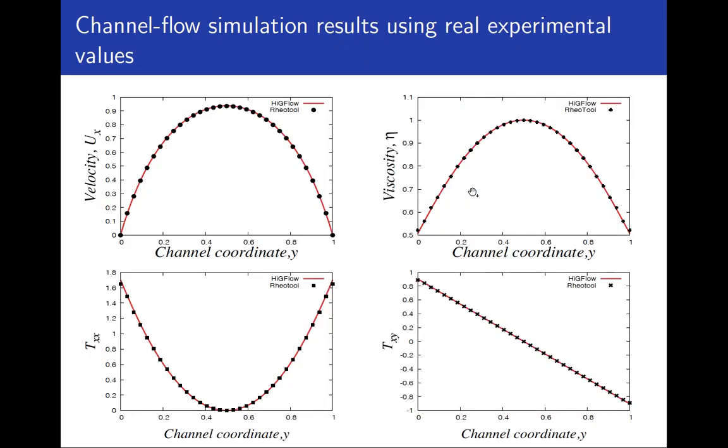As I said before, these quantities are only relevant when we have materials that exhibit viscoelastic behavior, for instance a combination of a solvent, water, and a polymeric material that, as I explained before, can behave as springs, non-ideal springs.